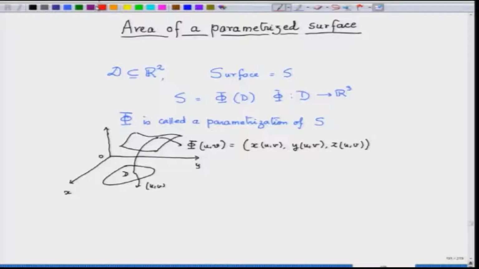So, how do I find something like that? Here I have to keep in mind that the surface cannot overlap itself. This is a very important thing that we have to keep in mind.